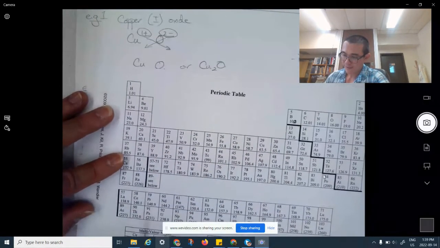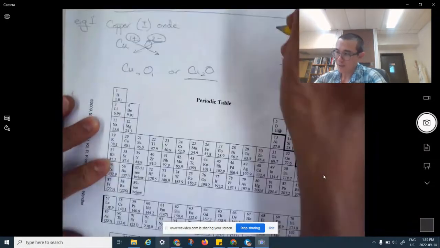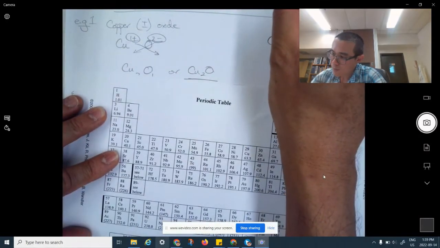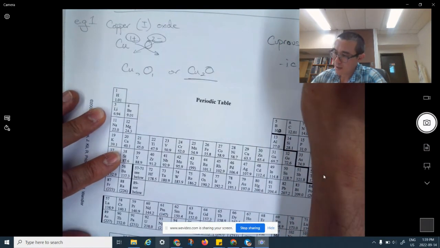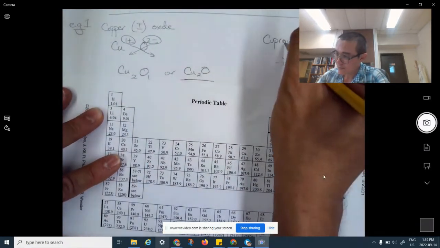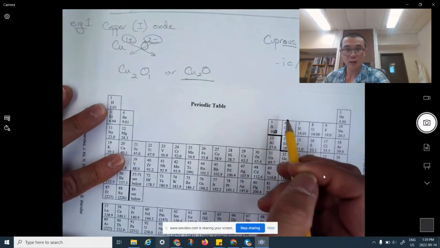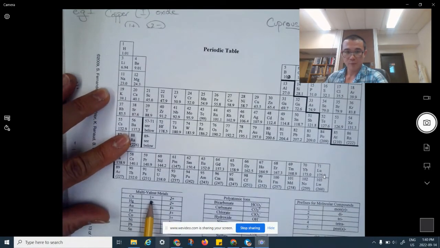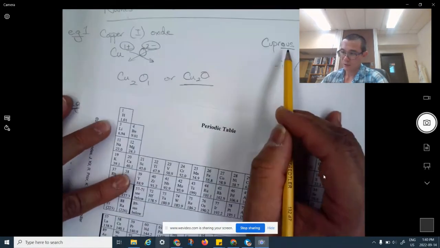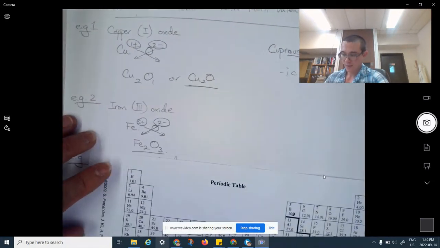So this chemical would actually be cuprous oxide. Cuprous, because it is the lower one.